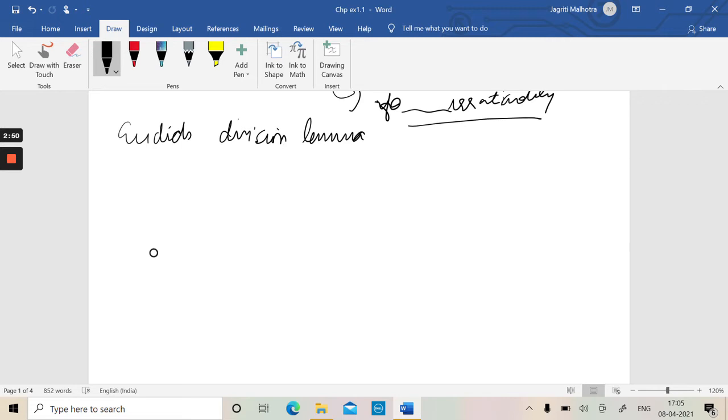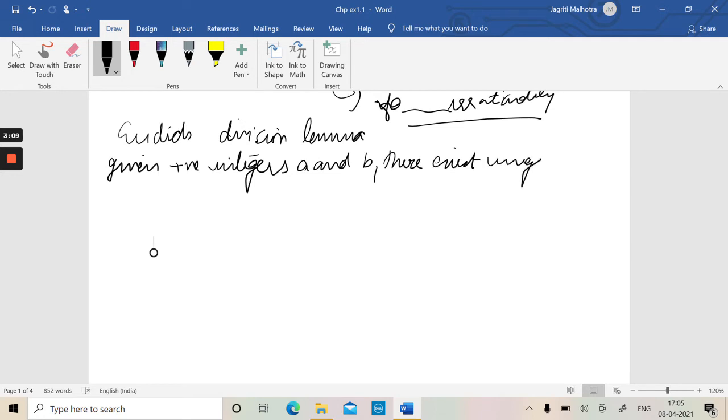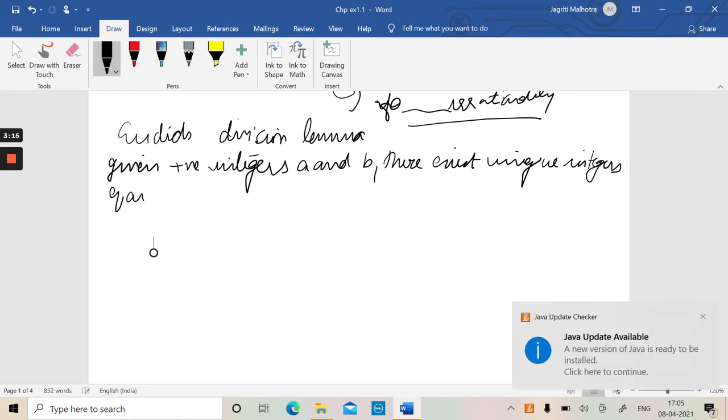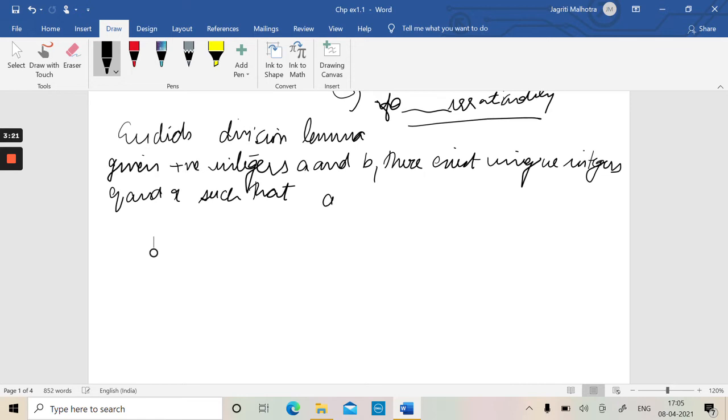Euclid's division lemma states that given positive integers a and b, there exist unique integers q and r such that a equals bq plus r, where r lies between 0 and b. Okay, this is basically our Euclid's division lemma.